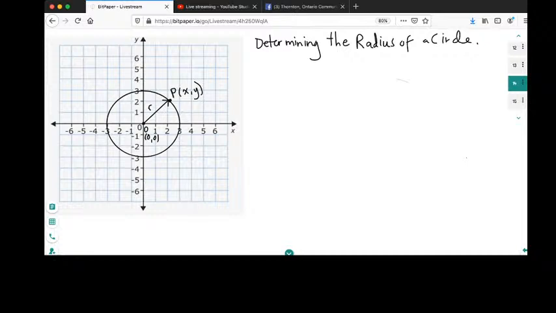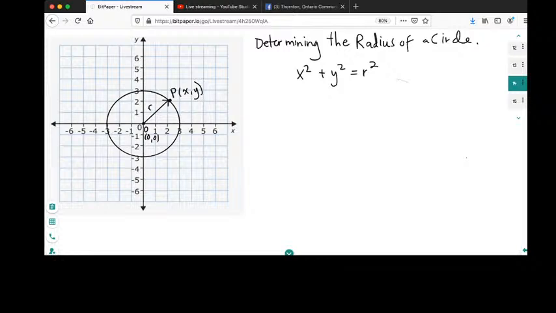So, determining the radius of a circle. Remember that the equation of a circle with the center at 0, 0 and radius r is x squared plus y squared equals r squared. And when we know this, we can determine the radius by using the points.